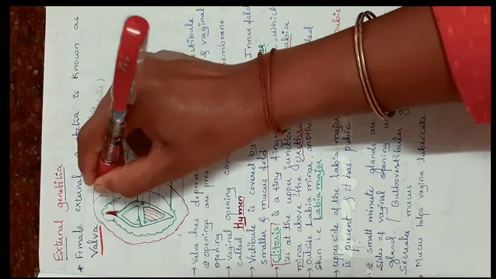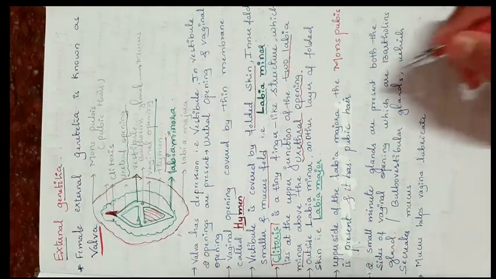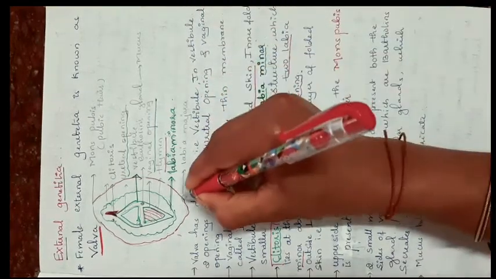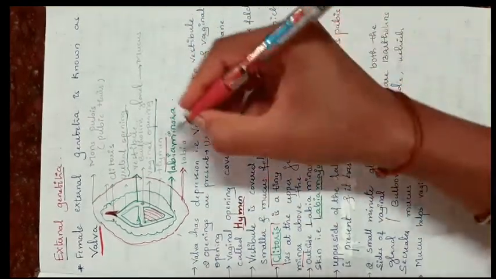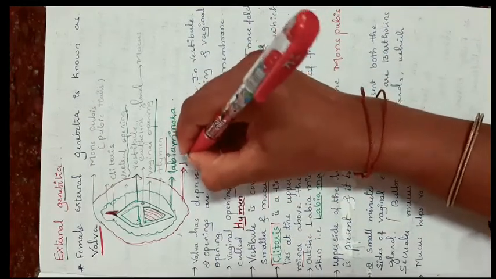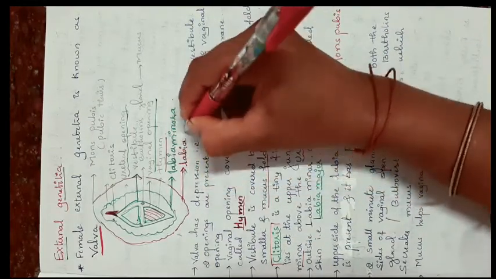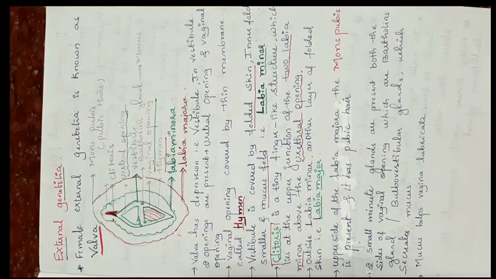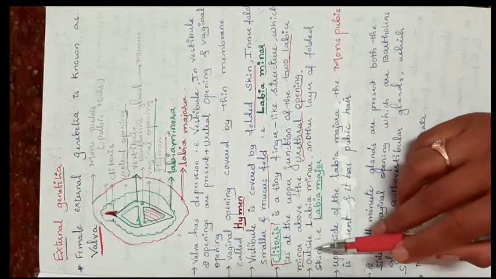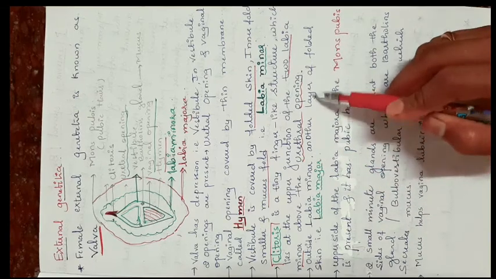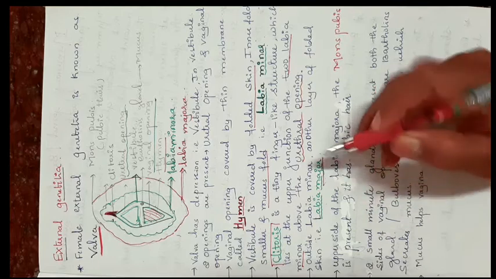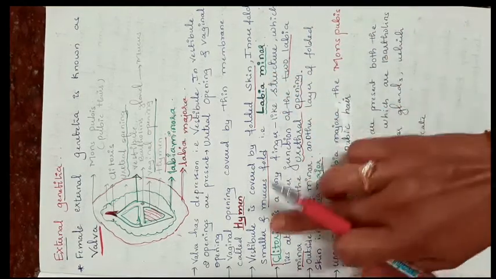This diagram is not so important, but to understand the concept of the external genitalia, this diagram is very necessary. Majora means major, which is outside; minor is just surrounding the vestibule. Outside of the labia minora another layer of folded skin is present, called the labia majora. Labia minora, labia majora and clitoris.